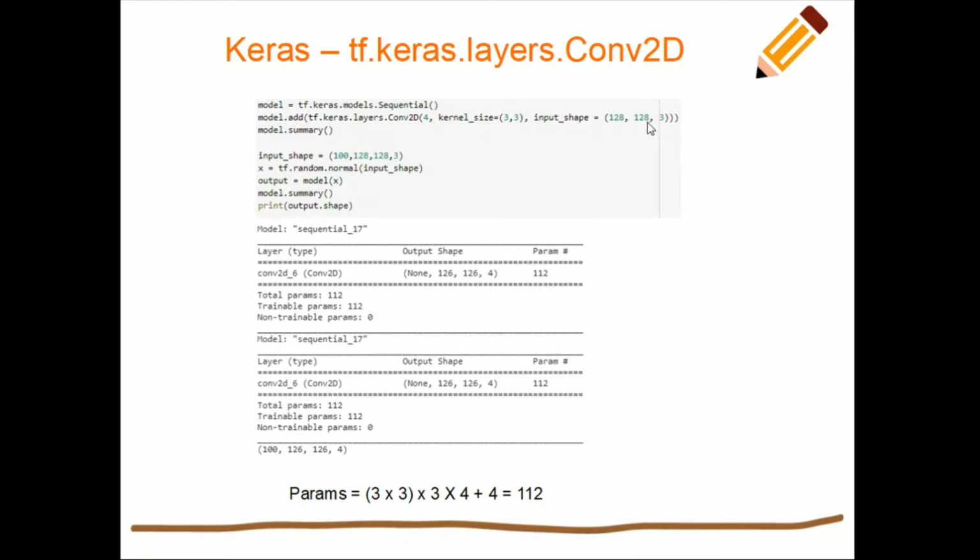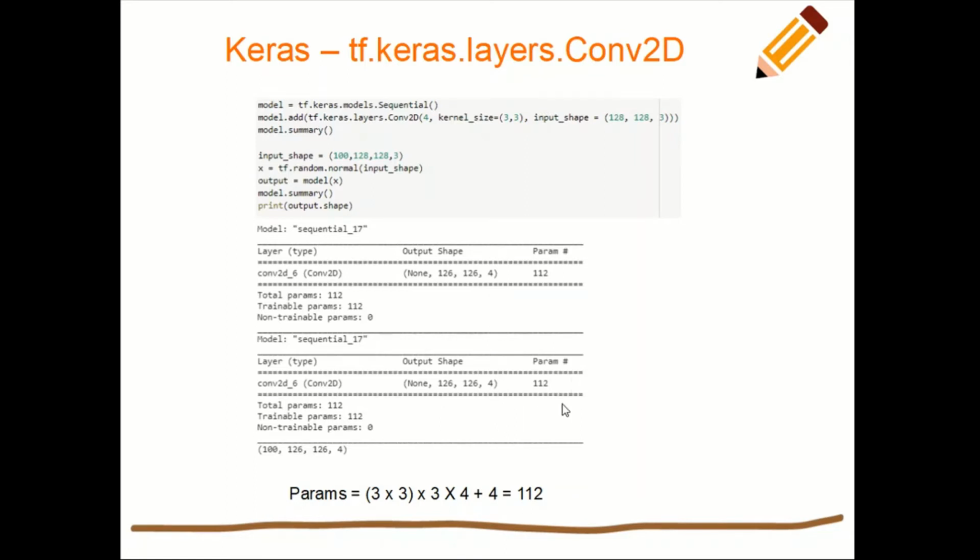If you see the output after the first convolutional layer, we are going to get 126, because the filter size is 3 by 3, and if we step it through 128 by 128, we get 126 by 126, right? And the number of filters applied were 4. That is why the final output has 4 channels in this particular case.